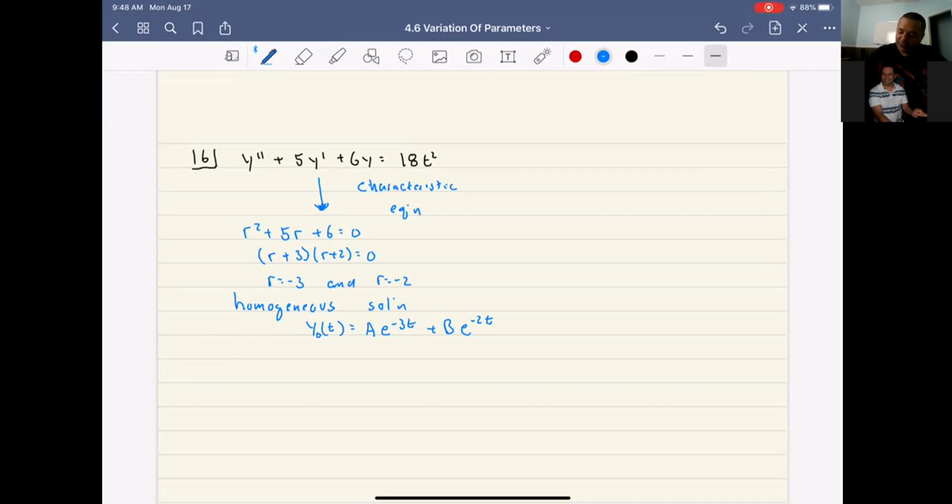Now remember, we're making the assumption for the particular solution that yp of t is v1 of t y1 plus v2 y2. Let's suppress the t here. Okay, and that leads us to the system. Let me get it from over here.